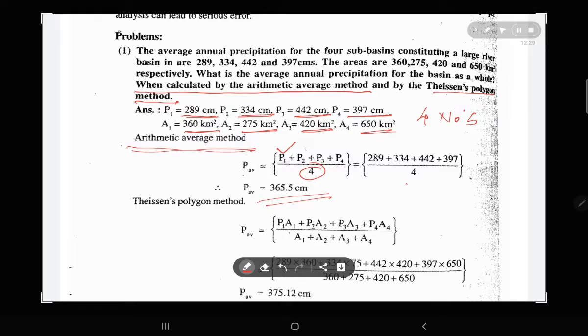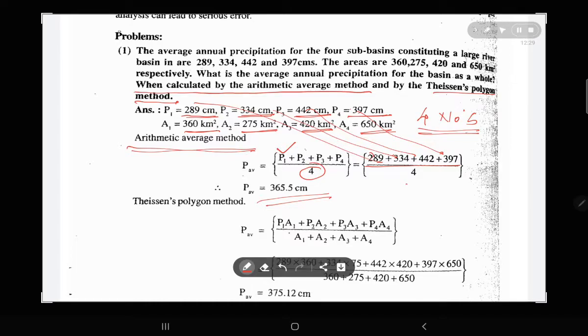First one is 289, 334, 442 and 397. We have 4 stations, so 289 plus 334 plus 442 plus 397. For example, I'll treat this example for our Vijaypur city itself.